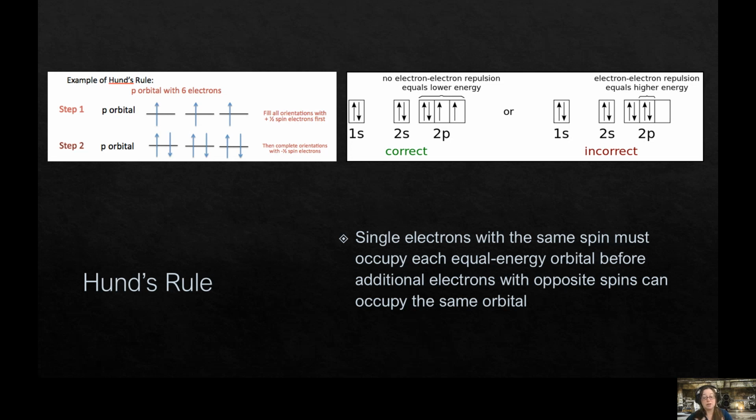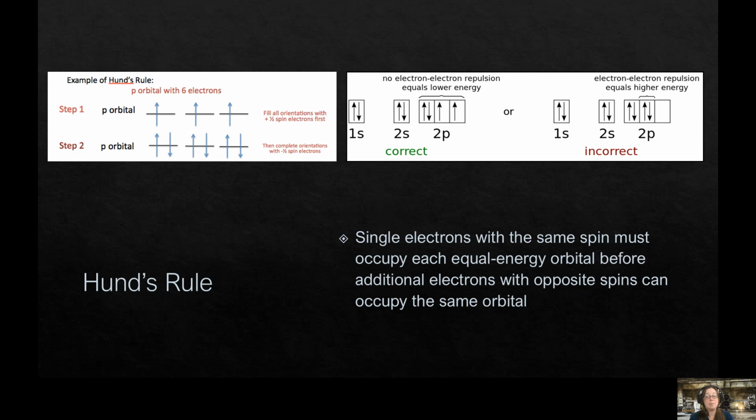Even though they spin in opposite directions, the charge stays the same. And so if you get too much negative energy in one area, it wants to spread out because there's too much energy repelling them or pushing them apart. Okay, so orbital diagrams are a way to graphically represent this.